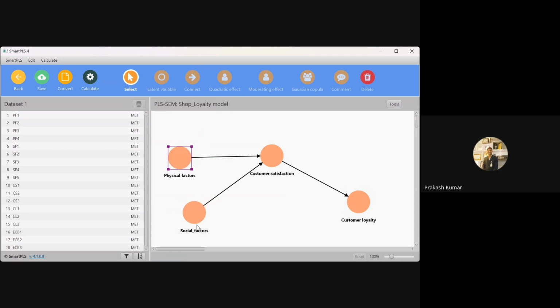Connect, you don't need to click, just connect it. If you want to delete a connection, select the connection and press delete. If you want to connect again, go to connect, start from customer satisfaction, click it, hold the key and go to customer loyalty.